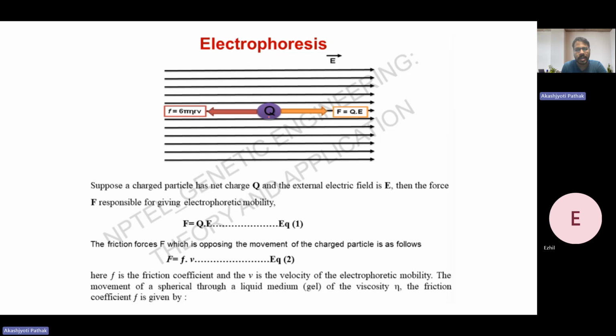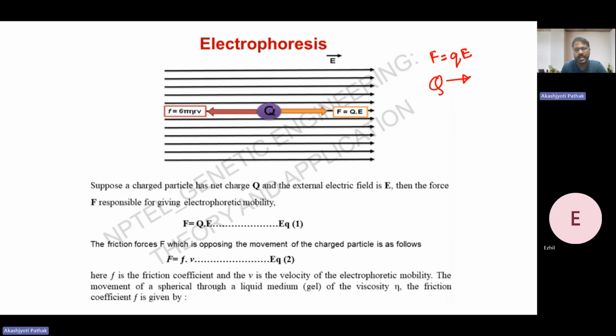Suppose you have a charged particle which has a charge Q. When it is placed in an electric field, it experiences a force F equal to QE. This is the charge of the protein multiplied by the electric field that has been applied to it. So that is the force applied by an electric field on a charged sample. Okay, so that is QE.